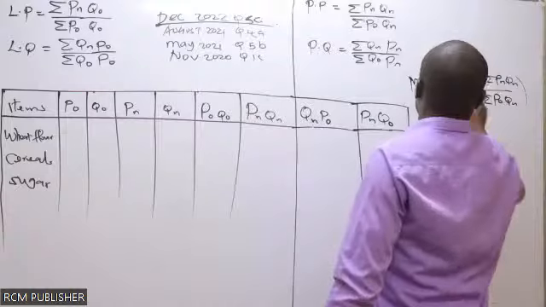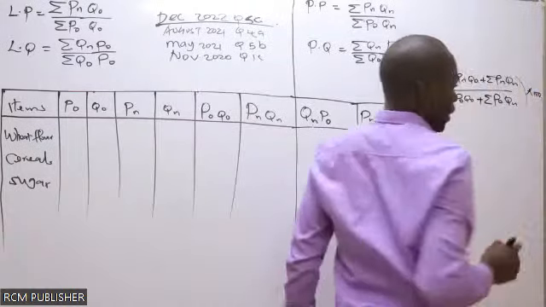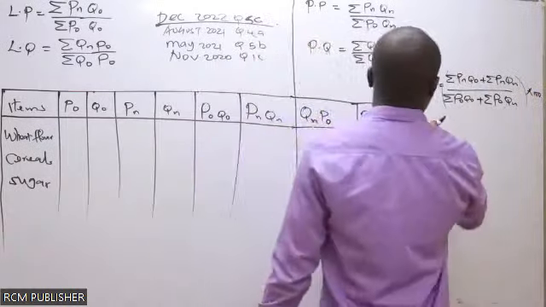What we get here is what we're going to multiply by 100.